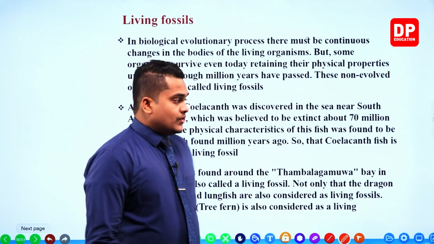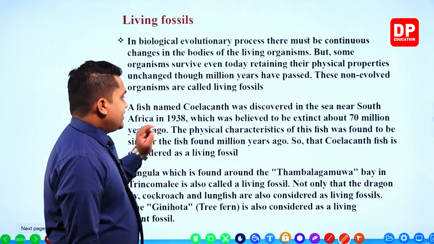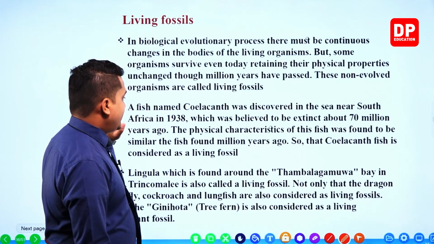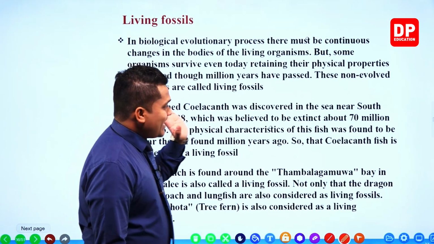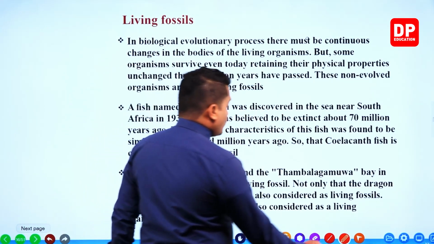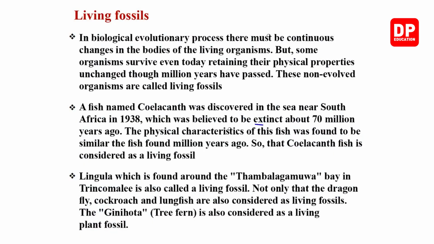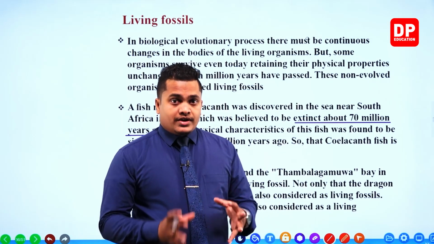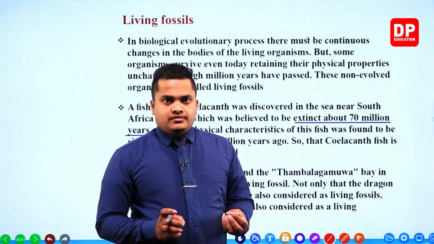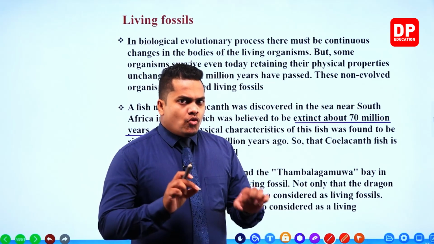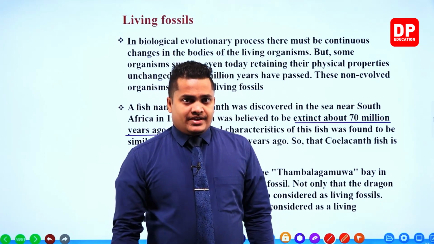So here it is given. A fish named coelacanth was discovered in the sea near South Africa in 1938, which was believed to be extinct about 70 million years ago. So it is assumed that this fish died or went extinct about 70 million years ago. That means this organism is much older. I'm not saying that this organism lived for 70 million years, my dear children, okay?